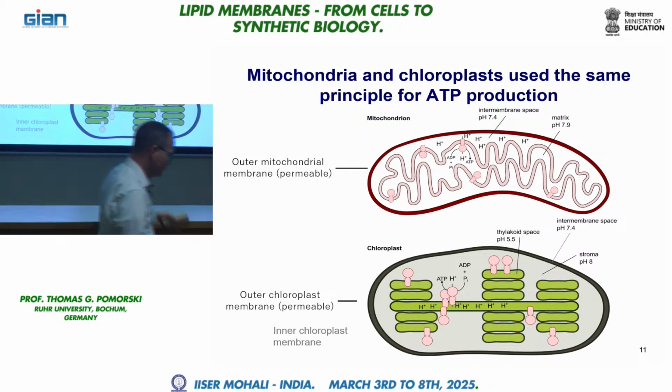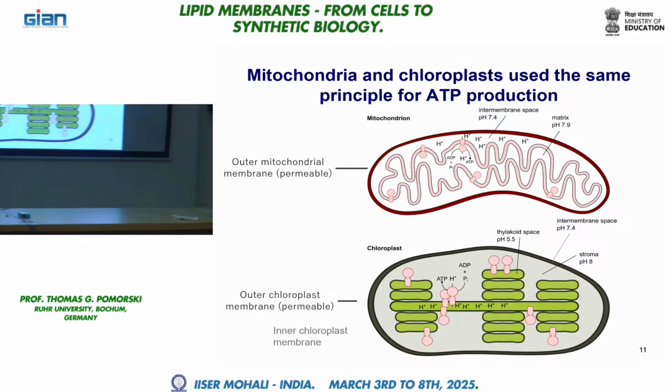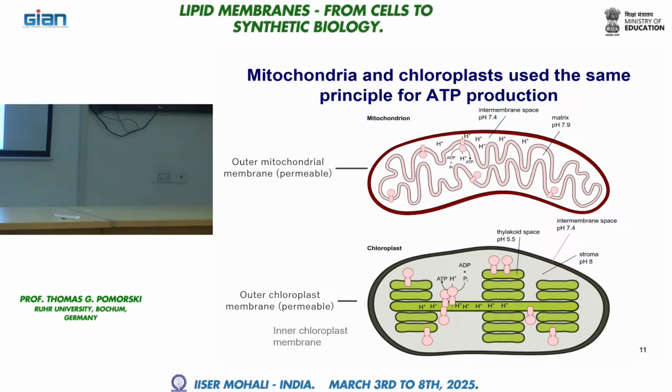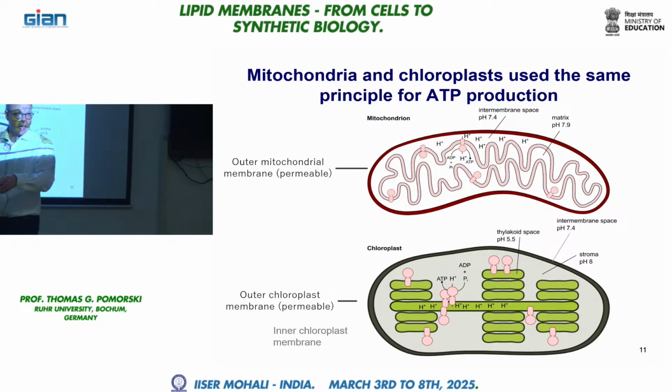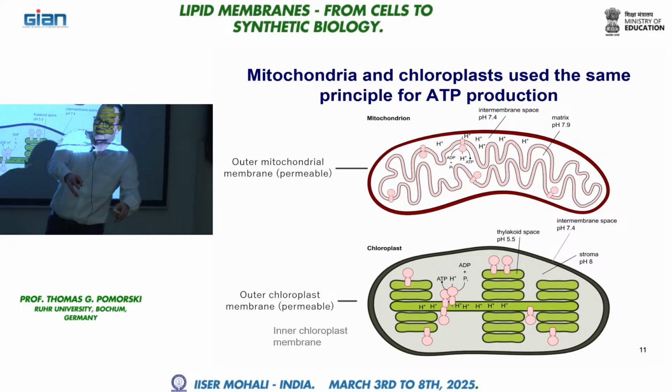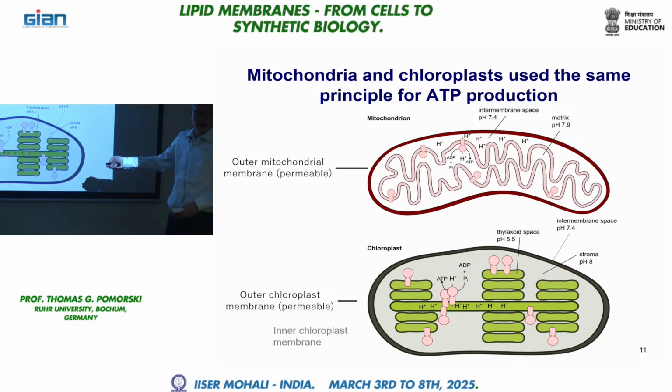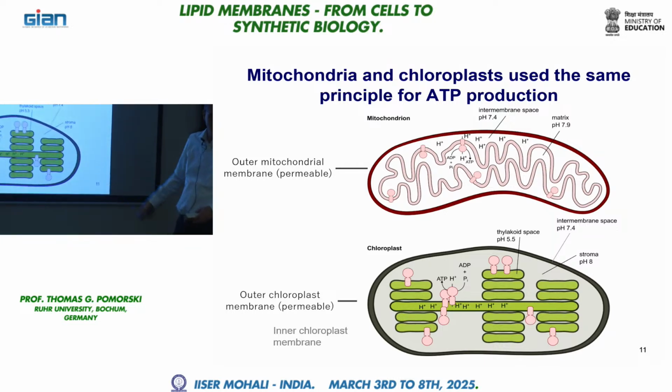There you pump the protons into a closed lumen. They're all here, and they cannot escape unless they cross the membrane again via an F-type ATPase to make ATP.